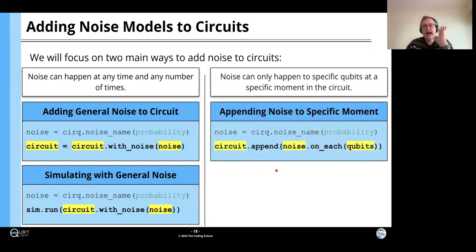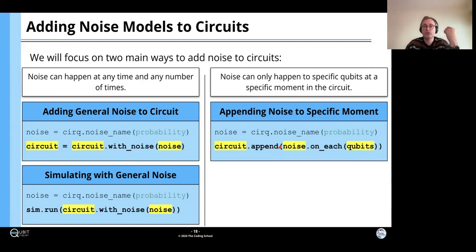Or you can say, you know what, I'm just going to say there's a very specific point in my circuit that this happens, and it's going to happen to very specific qubits. So in this case, if you had a 5-qubit circuit and bit flip errors, every single qubit could have a bit flip error at multiple points throughout wherever. In this case on the right, we're saying, actually, just like I can append a gate or a measurement, I'm going to append noise, and I'm going to say on which qubits that can happen.